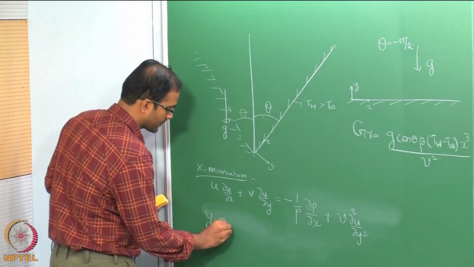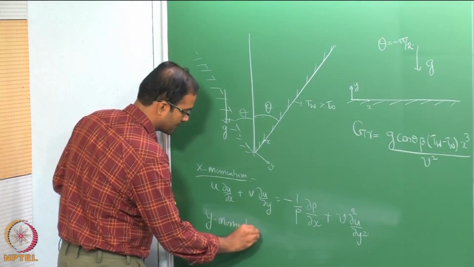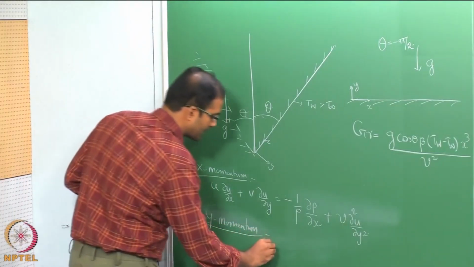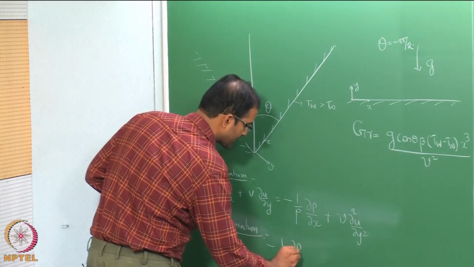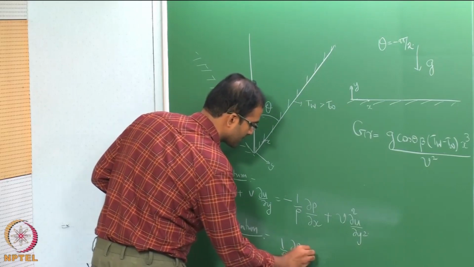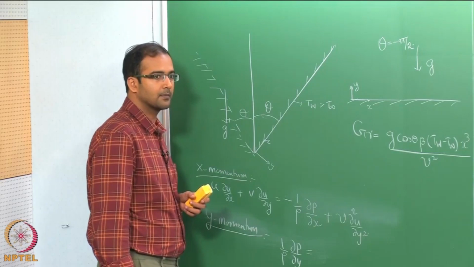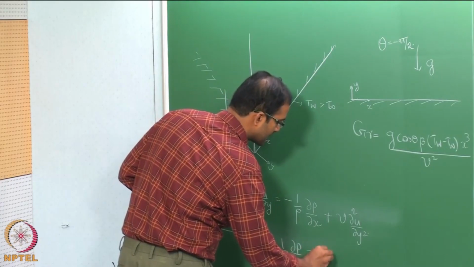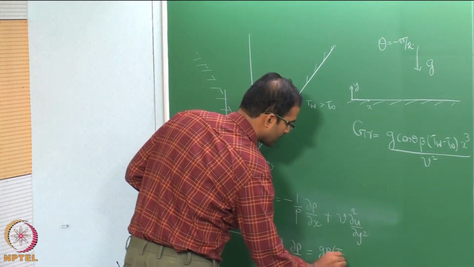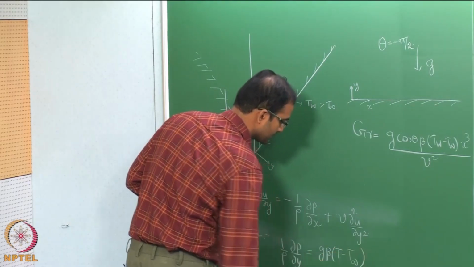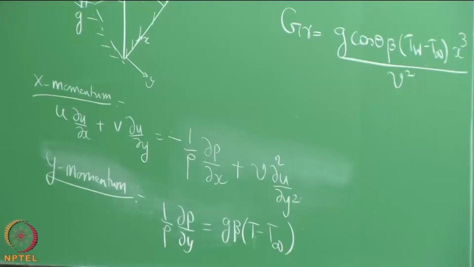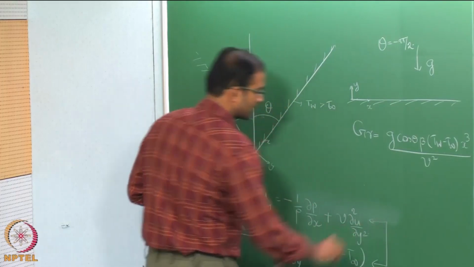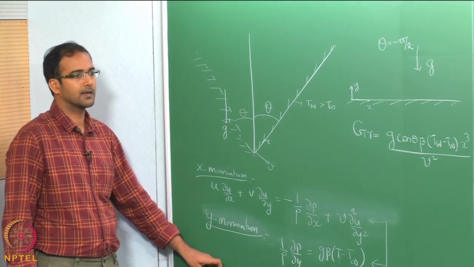So, therefore, although you neglect the y momentum in the advection part, there will be a pressure gradient in the vertical direction which will be balanced by the buoyancy force. So, this will be equal to therefore g beta into T minus T infinity. So, this is the modified set of momentum equations for the horizontal heated plate configuration.